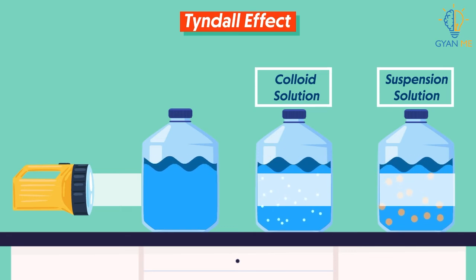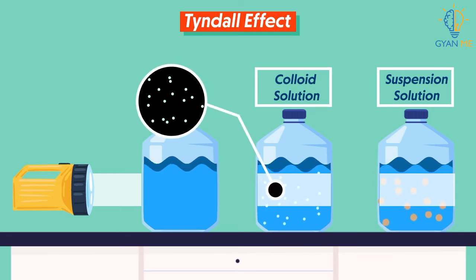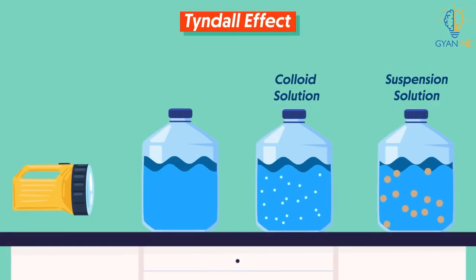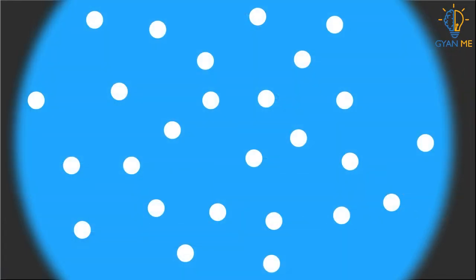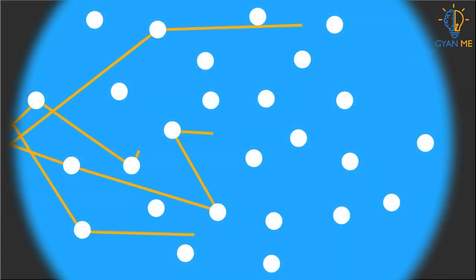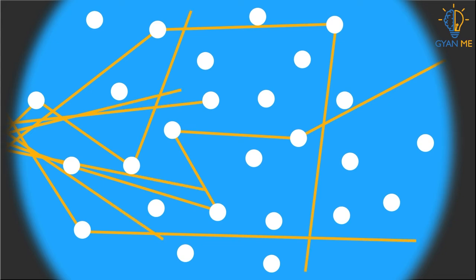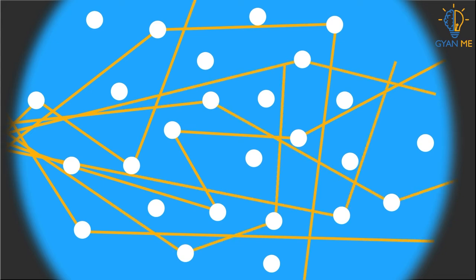The intensity of scattered light depends on the size of colloidal particles. Let's quickly recall about this. When a beam of light passes through a colloid, the colloidal particles present in the solution do not allow the beam to completely pass through. The light collides with the particles and it is scattered in all the directions.